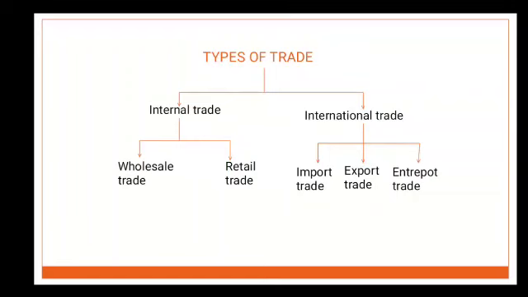First, internal trade and second, international trade. In that, internal trade is again divided into two types. First, wholesale trade and second, retail trade. And international trade is again divided into three types. First, import trade, second, export trade and third, entrepot trade. We will discuss one by one.